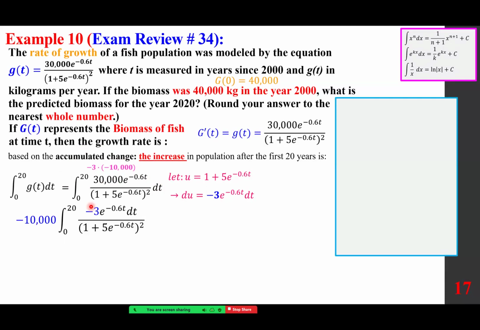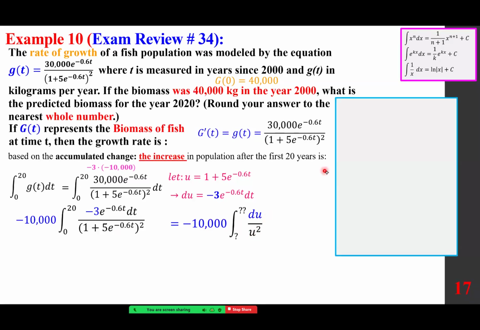And now we are looking at du over u squared. We're going to write that with the -10,000 in front, and we're not going to write the limits because those limits, 0 and 20, go with the original variable t, not the new variable u, and we're going to figure it out in a moment. So first, again, we have seen this integration before.